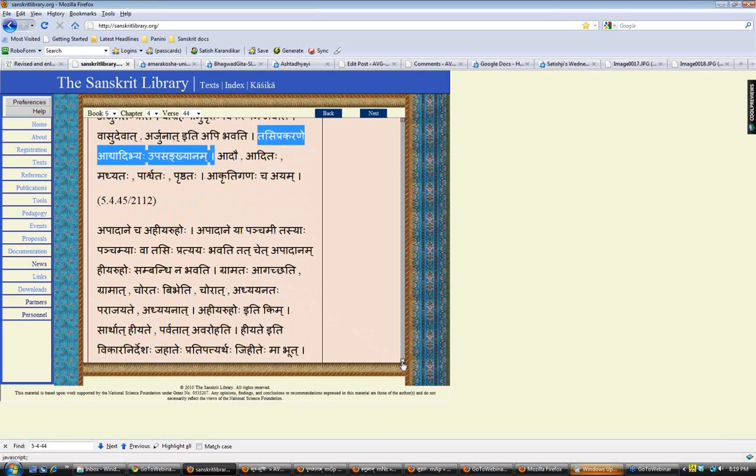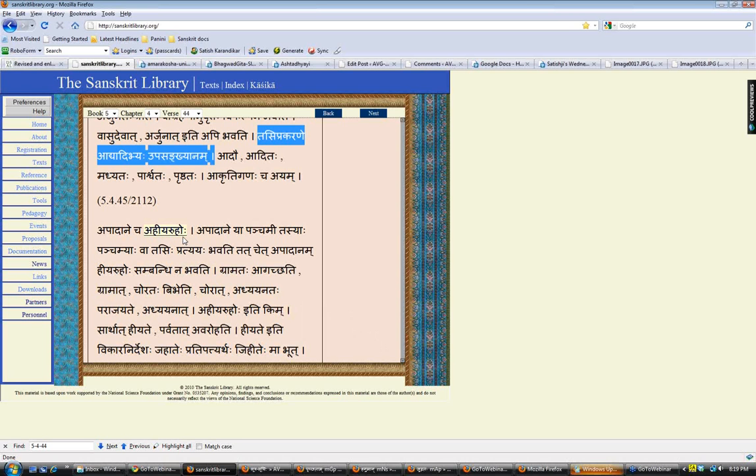Apadane cha ahiya ruhoho. Barring these terms hiya and ruha, the dhatu oha kyage hiyate, and ruha is to ascend. Just leave this for the time being. There are specific exclusions, for oha kyage and for ruha, to ascend. When the word hi or ruha is being used, then you do not use this.